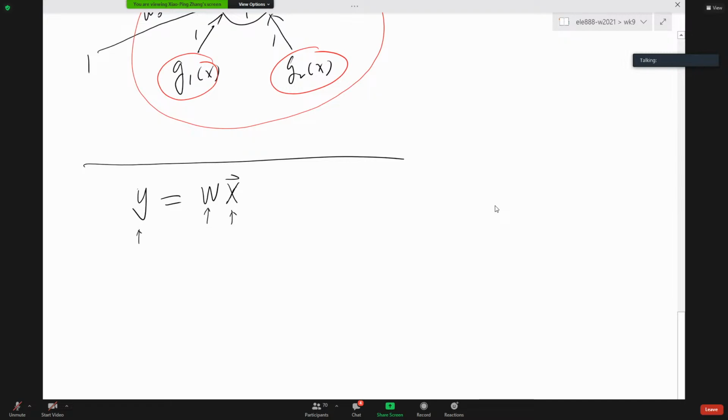Linear regression is the most used regression method. Now if we say y equals sigma of wx, where this is the sigmoid function, this regression is called logistic regression.